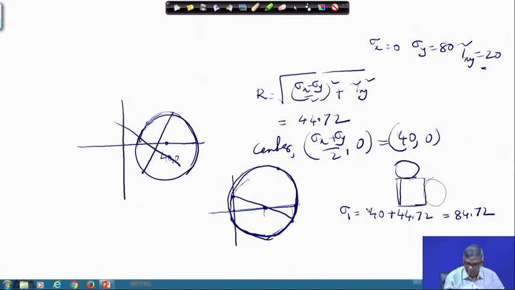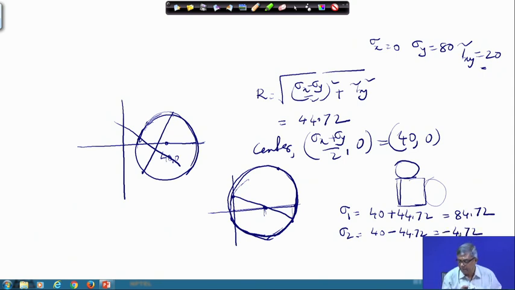Similarly, I can find sigma 2: this is 40, and from here I subtract r to get this side. So, 40 minus 44.72 means it will be minus 4.72.